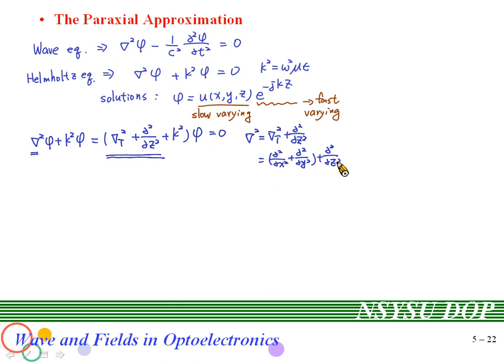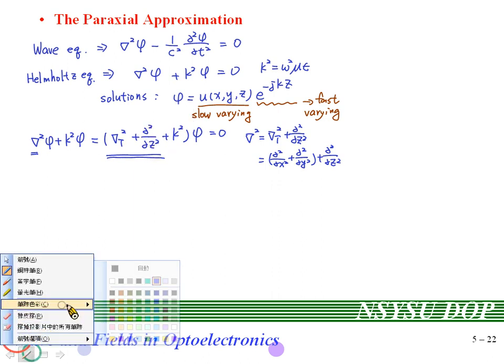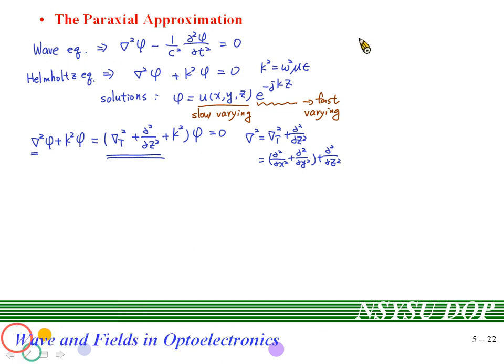The following step is to put the expression of phi into this Helmholtz equation. What we will deal with is the result for partial square phi over partial z square. So let's see it. The phi function is the amplitude function u times exponential minus jkz.